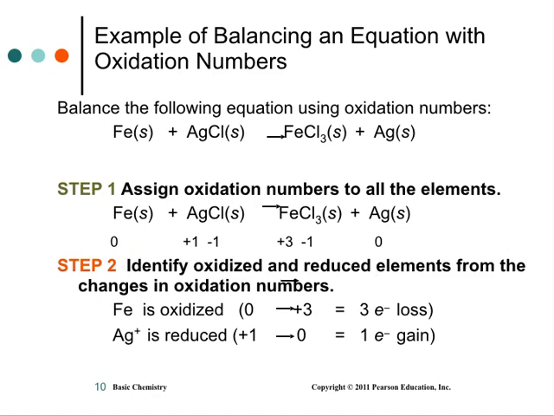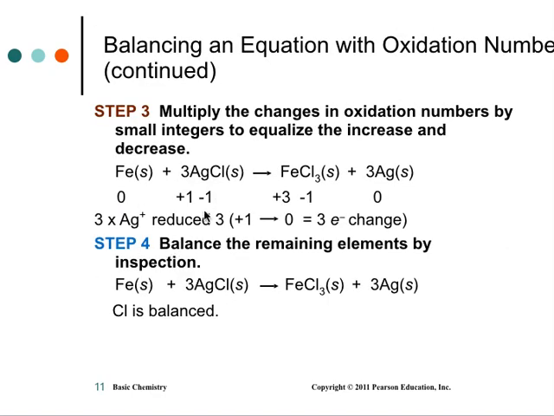So what you're going to see on the last part is that in order to balance it, I have to multiply the one that only dropped by 1 by 3 to make up for the 1 that went up by 3. So 3 went up and 3 went down. I stole 3 from the other, so he lost 3 and I gained 3 because I'm reduced. And then you figure out all of the other ones, making sure that it's balanced. It's a different way of doing a balanced equation.